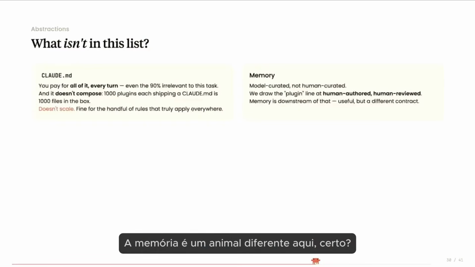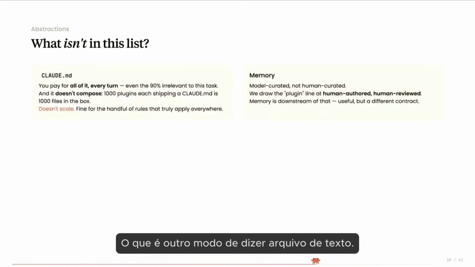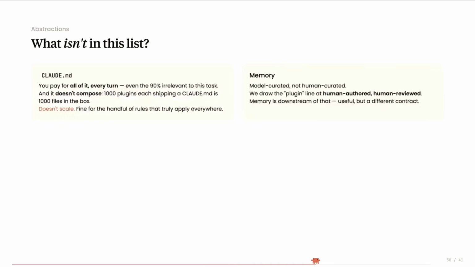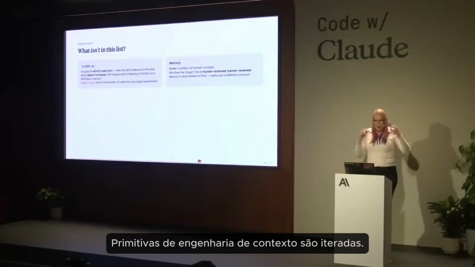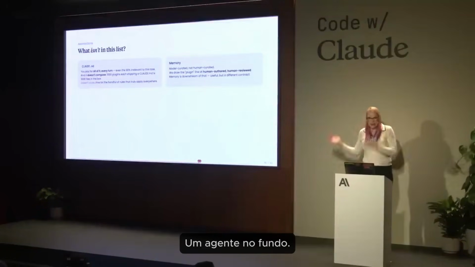Memory is a different kind of animal here. I really want you to come away thinking about plugins as a context engineering primitive, which is another way of saying text file, but with more funding. Context engineering primitives are iterated on, they are evaluated, they are not things that are made on the fly by an agent in the background.